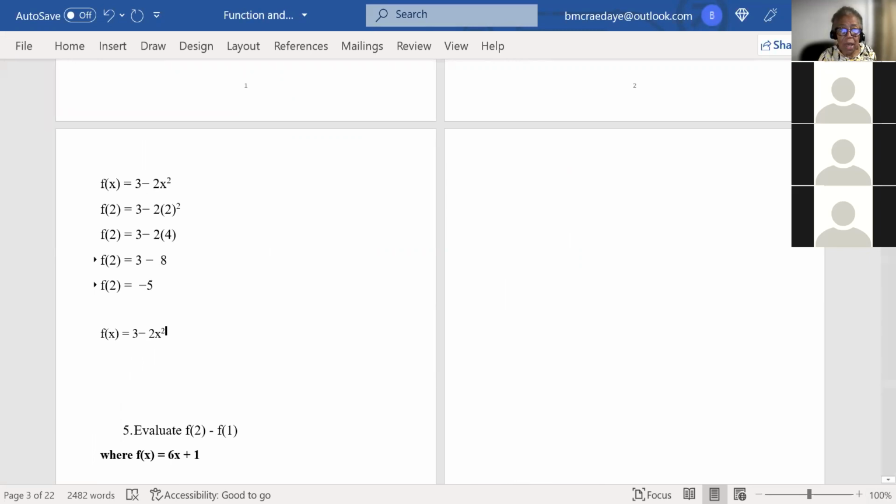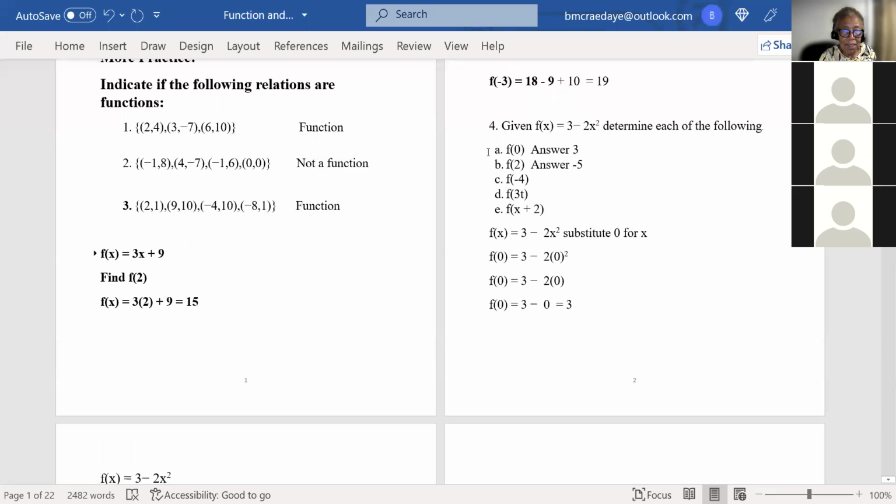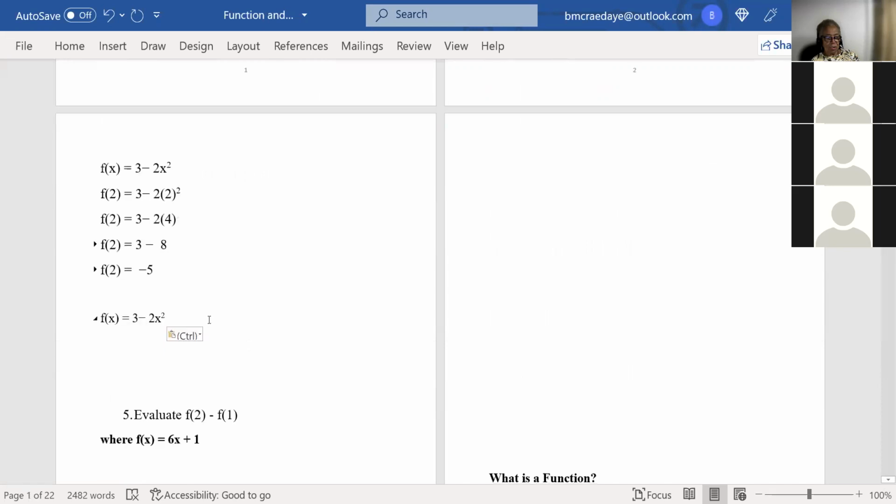Latoya, number 4 has parts A, B, C, D, E. You see these? F of 0, F of 2. Now the C is F of minus 4. Same function. Substitute.